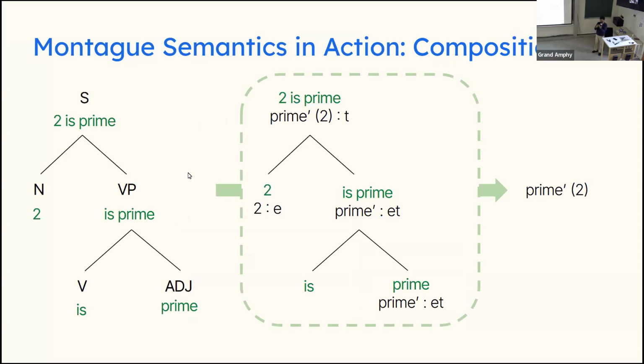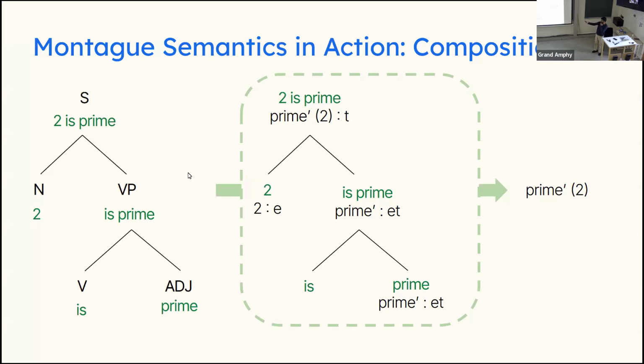And we assign types to linguistic expressions because types play an important role in how those meanings combine together to form the meaning of the whole sentence. So, for example, if we have the sentence "2 is prime", where on the left we have the syntax tree, then we can assign meaning to each of the individual leaves in this tree.